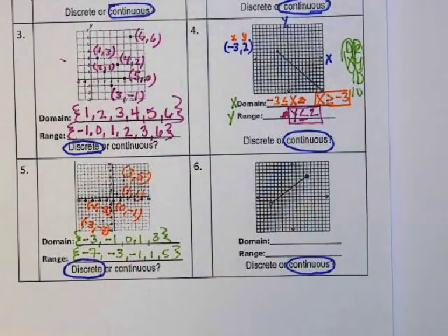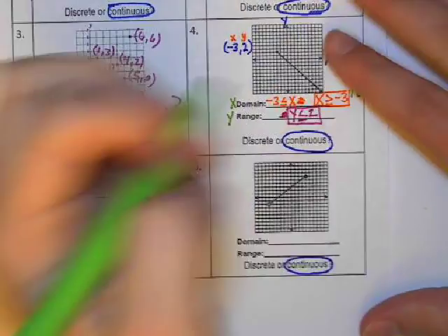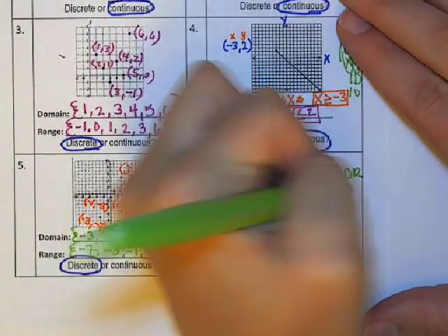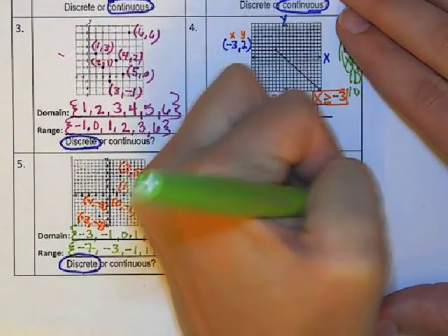Continuous. You're right. And what information does it give me? Closed and open. So I've got 2 dots, right? Let's start with the first thing. I forgot to do domain and range again on that one.